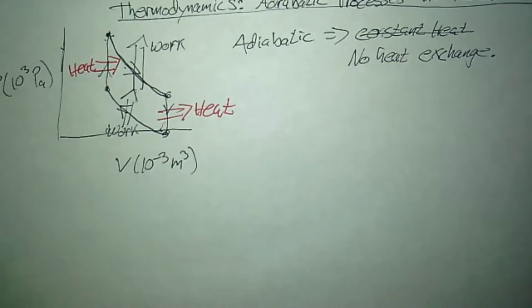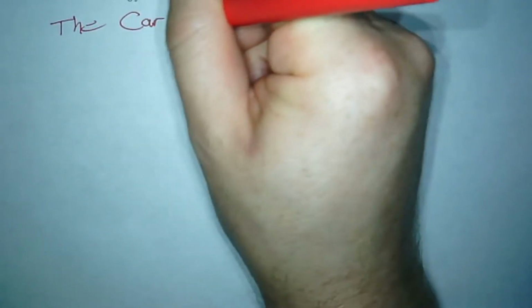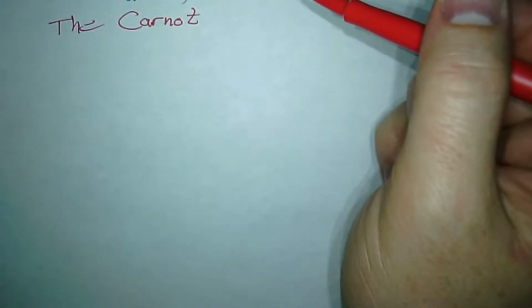But of course we can't actually get there because it requires infinite time and no friction and all kinds of things. So let's look at that. And Carnot, I believe, has a French origin. So it looks like Carnot, but it's Carnot because French.